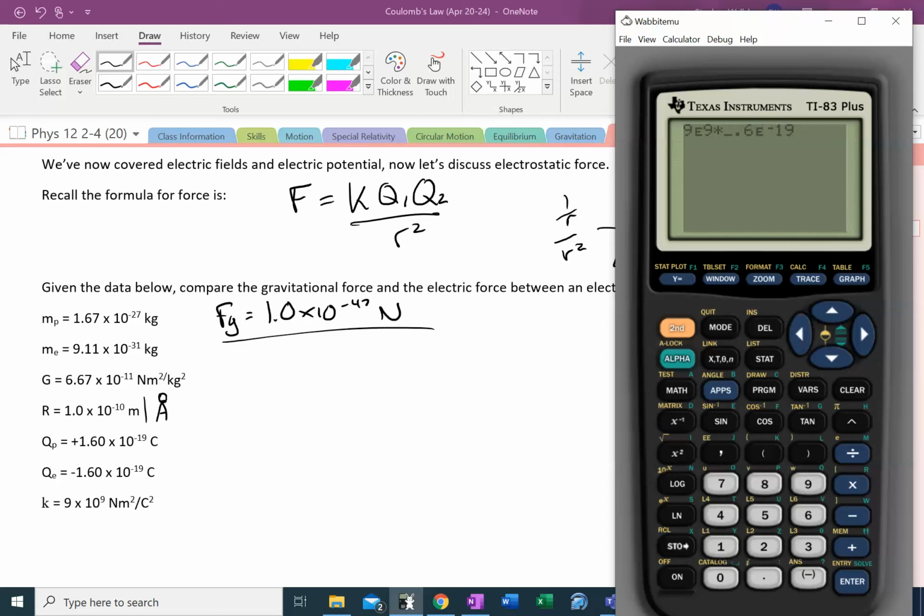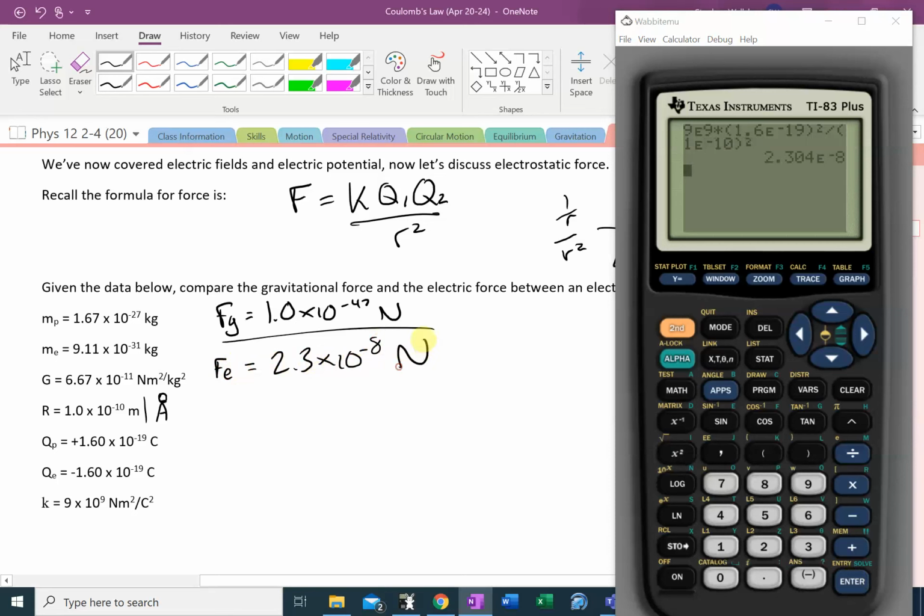I should put my brackets in there. I'm not exactly sure if it would work with or without brackets with the squared unit there, but we'll just put it in there to be careful. And then we're going to divide this by the 1 angstrom. Okay, and that gives us our electrostatic force is going to be around 2.3 times 10 to the minus 8.